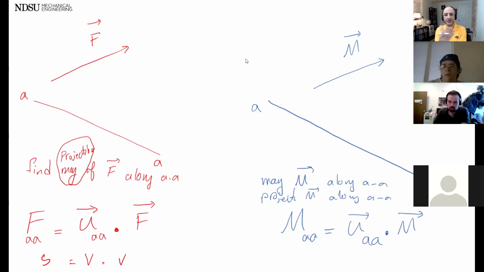Do you see the similarity? It's just the letter change and the color of my pen has changed. And also, a vector dot another vector results in a scalar. So that's what we are going to do.